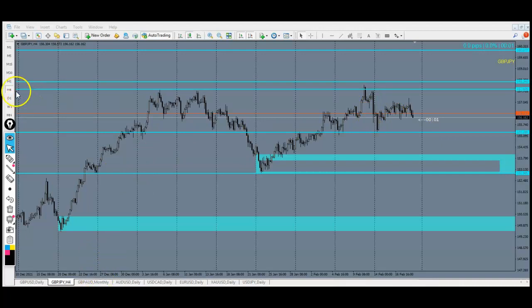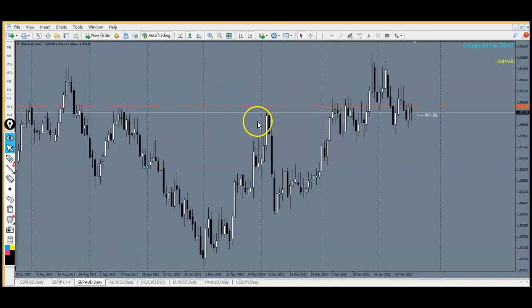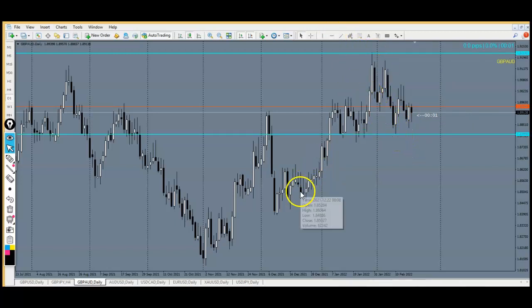Okay, so let's look at pound Aussie daily time frame. Pound Aussie too, we have something that has just been ranging the last few days, just been going back and forth. It's not giving us a nice trend. This is a nice trend between here and here, but here it consolidated, then shot up, got here, then consolidated a bit and came back down here.